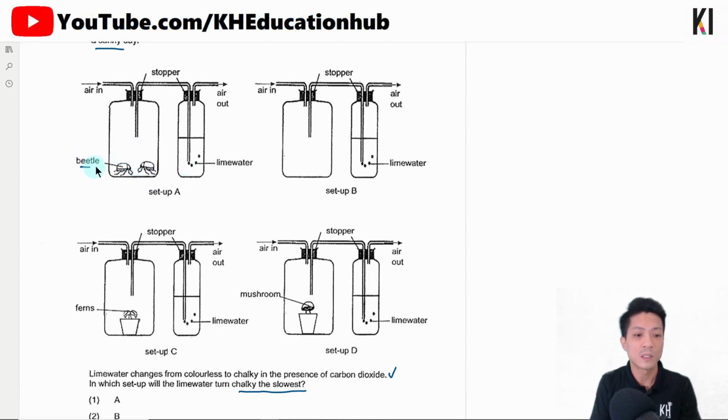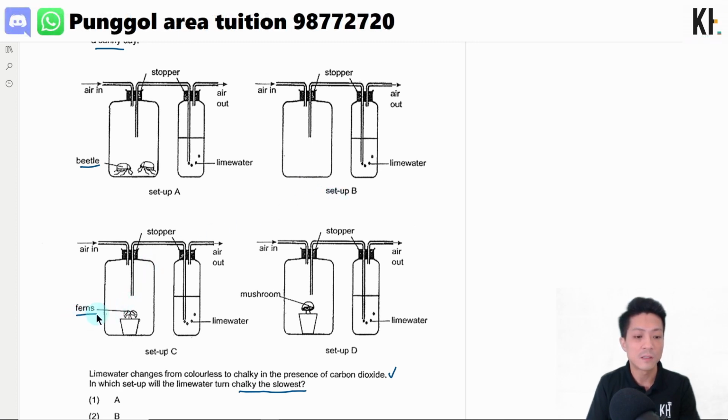Setup A has a beetle, so the beetle will give out carbon dioxide. Setup B has nothing. Setup C has ferns. Usually ferns are green plants. Setup D has a mushroom. A mushroom is not a green plant, it's a fungus.